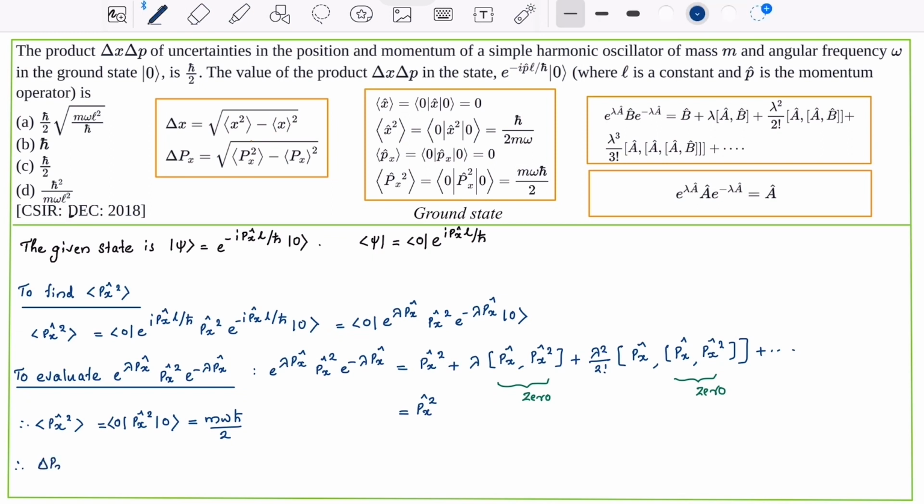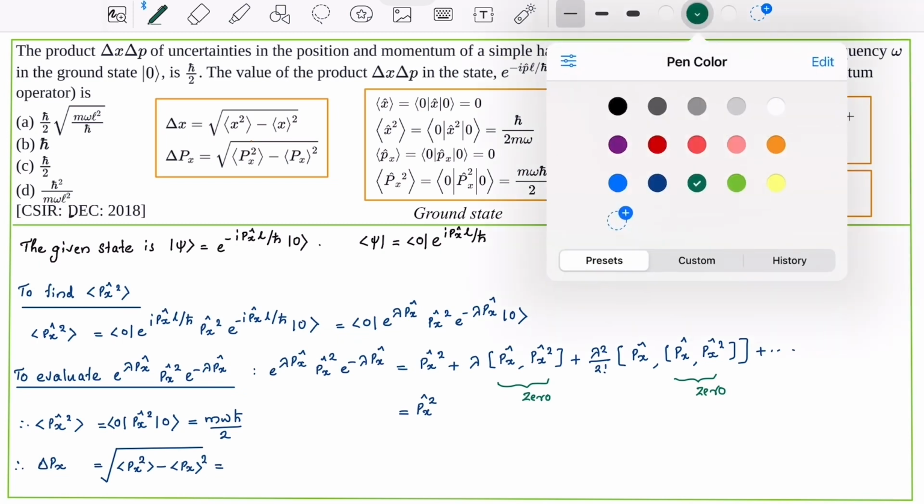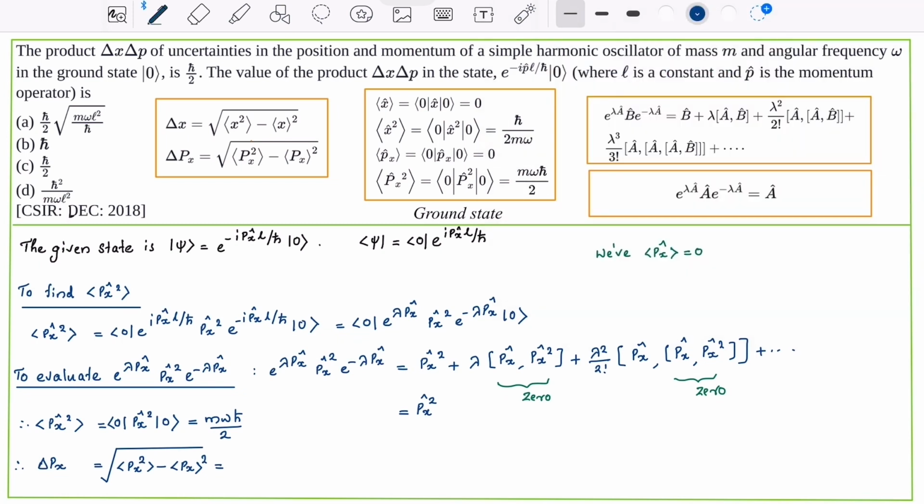Therefore we can find out delta px, that is equal to root of expectation value of px square minus expectation value of px whole square. We have already evaluated that the expectation value of px is 0. Therefore, delta px is root of m omega h bar by 2 minus 0, that is equal to root of m omega h bar by 2.